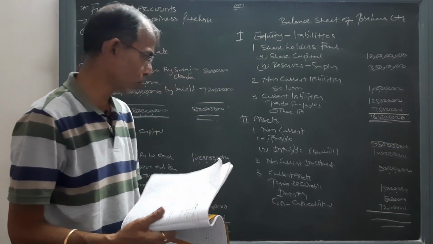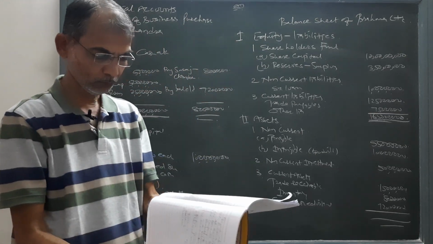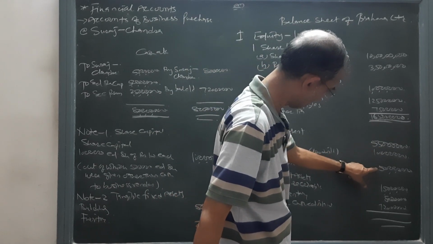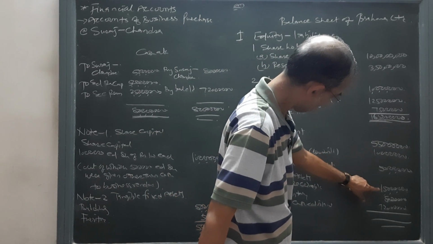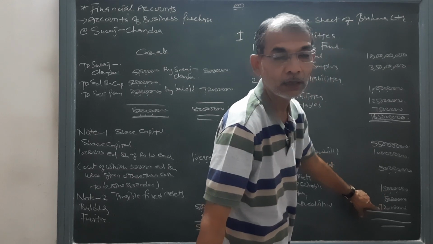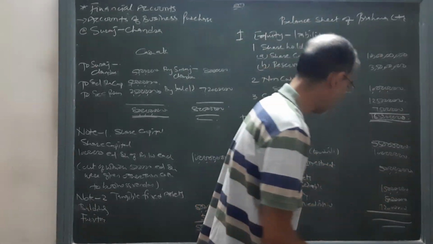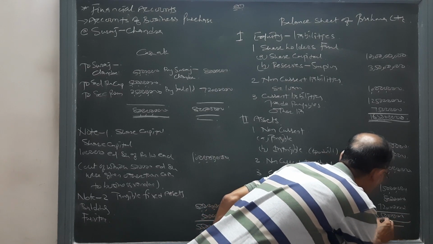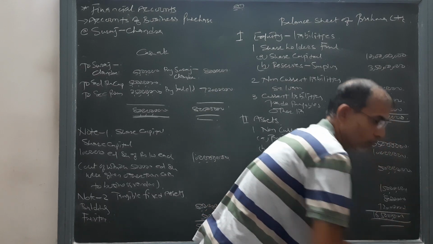Now if we come to total, 5, 6, 7, 8, 9, 9 and 7, 16 and 50 lakh, 16 crore 50 lakh.